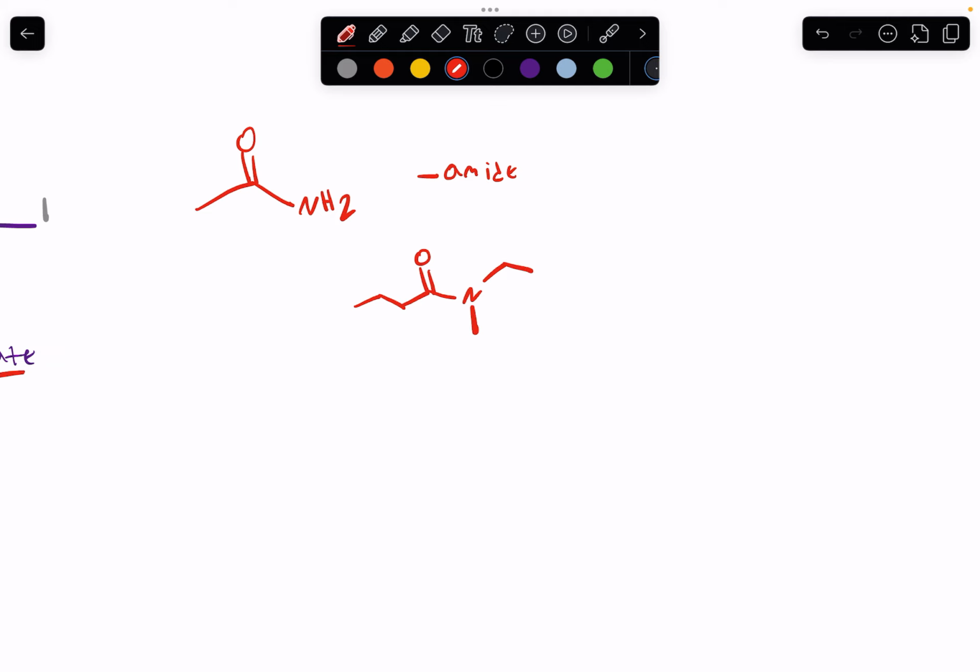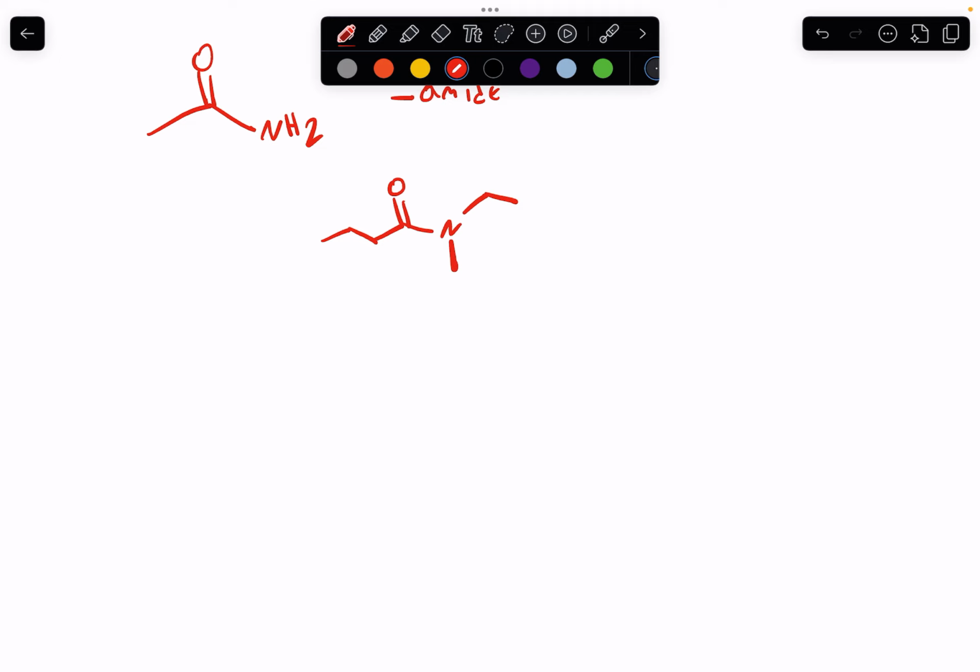So whenever you have an amide and you have nitrogen bonded to something, you always put N in front of it. Okay, so here we know this is an ethyl group, right? So we're going to do N-ethyl. Okay, and then we know that's a methyl group, right? So we're going to do, again, N-methyl.